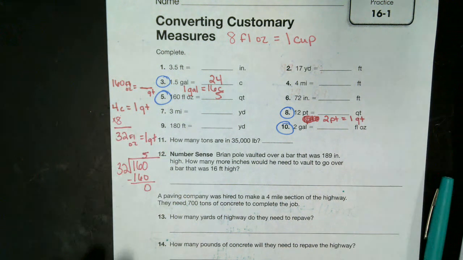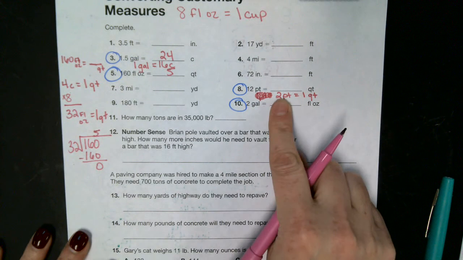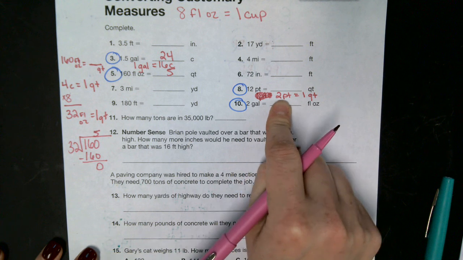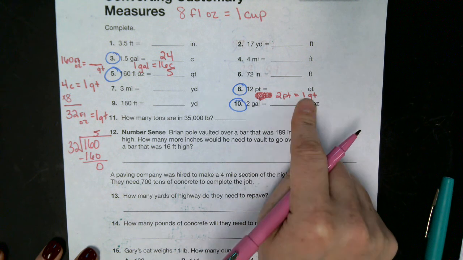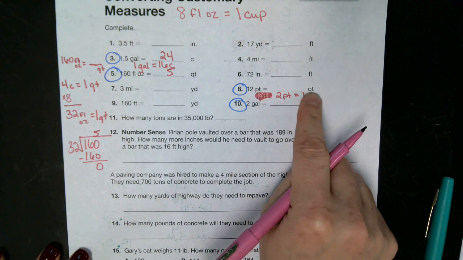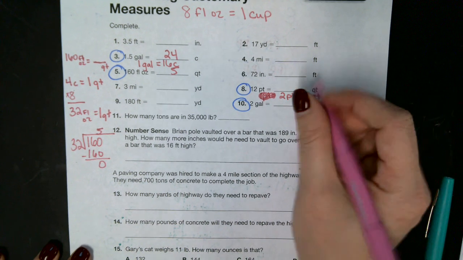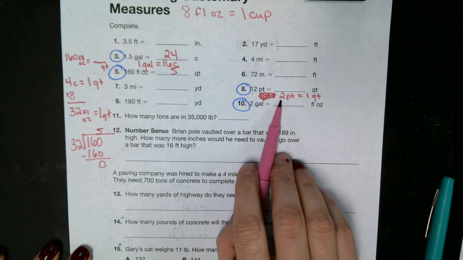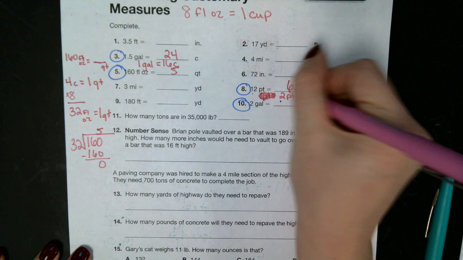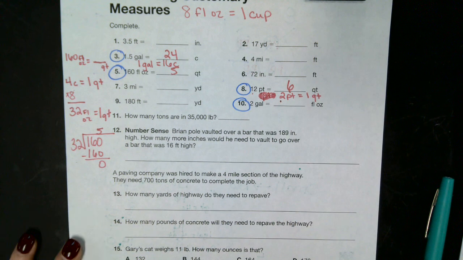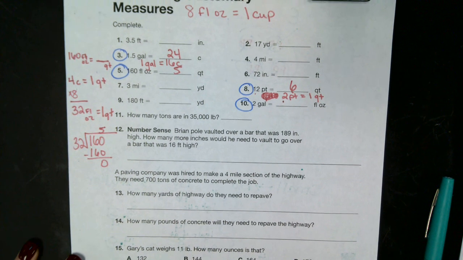So, for this one, are we going from small to big or big to small? Small to big. Because we're going small to big, do we multiply or divide? Divide. So 12 divided by 2 is what? 6, which is like you said. Good.